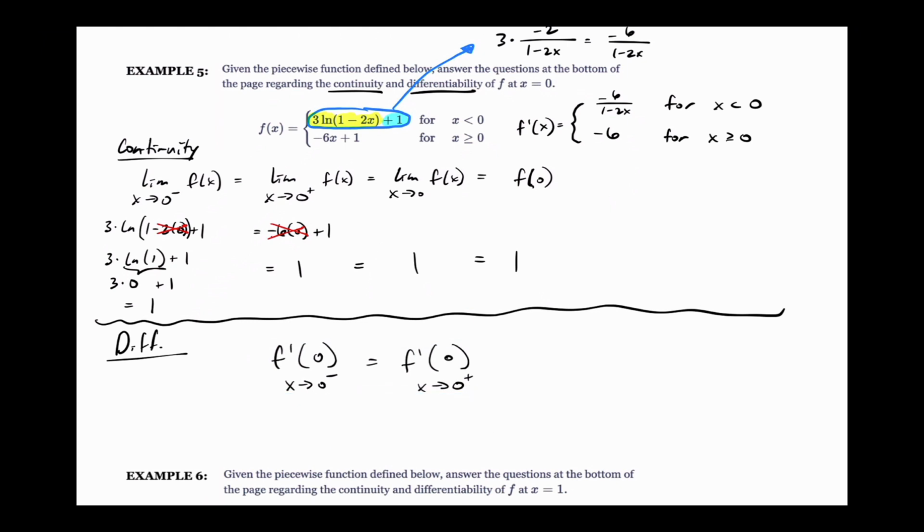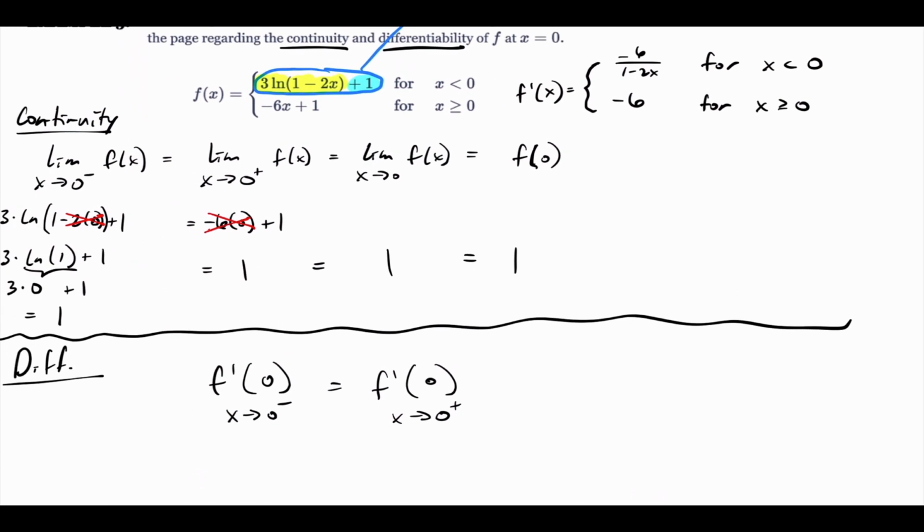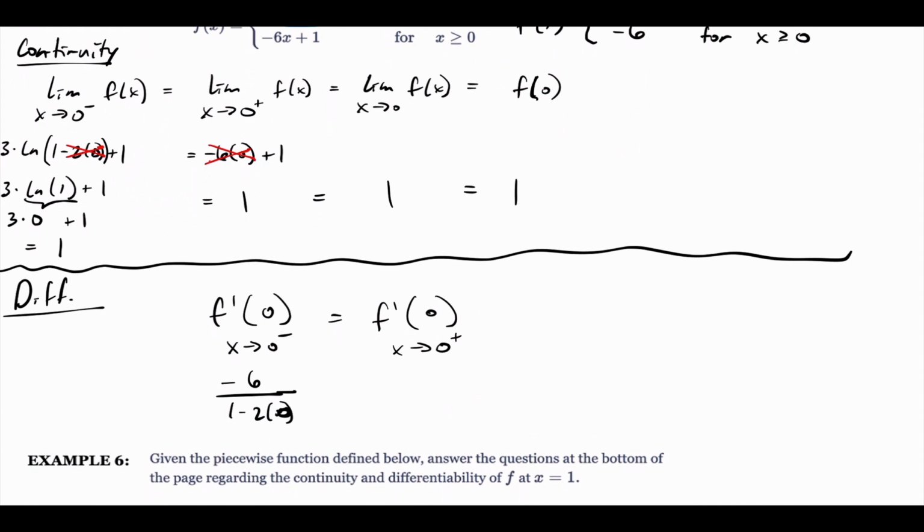The negative side is the less than side. Plug in 0: negative 6 over 1 minus 2 times 0. Two times 0 is 0, so it's just negative 6 over 1. Negative 6.